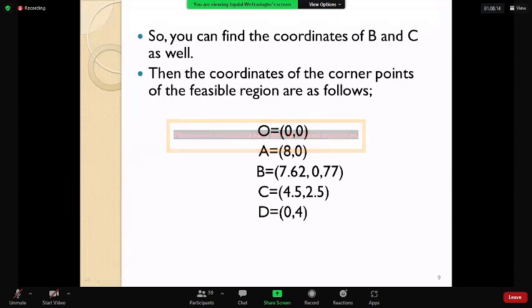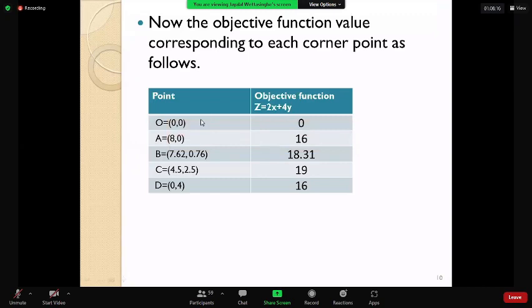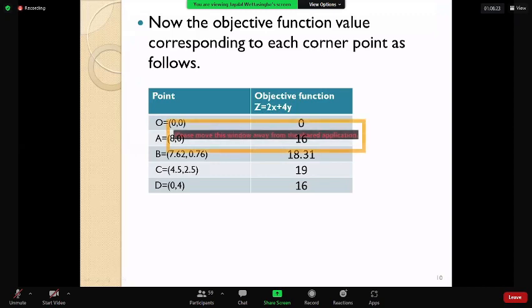Then what we can do is, we have the objective function 2x plus 4y. We have to substitute all these points into the objective function and find the values. So we have a set of values.